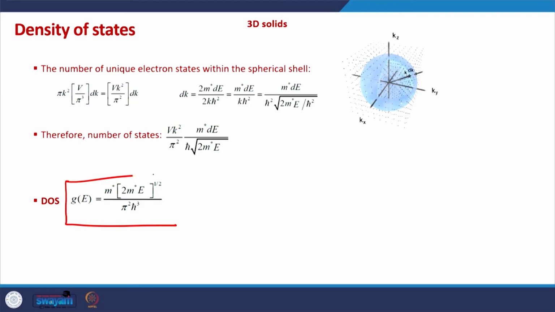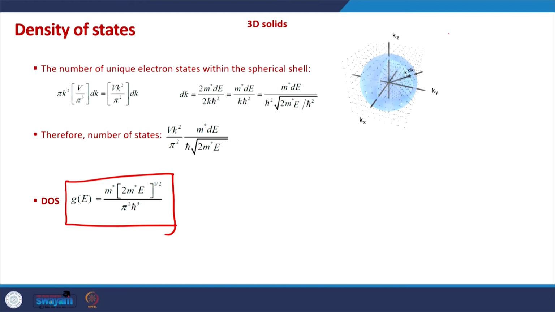So, there are some interesting observations that we can make from this expression actually. So, finally, the density of states in a 3D solid will be this: G(E) is m star square root of 2 m star E divided by pi square h bar cube. Okay.